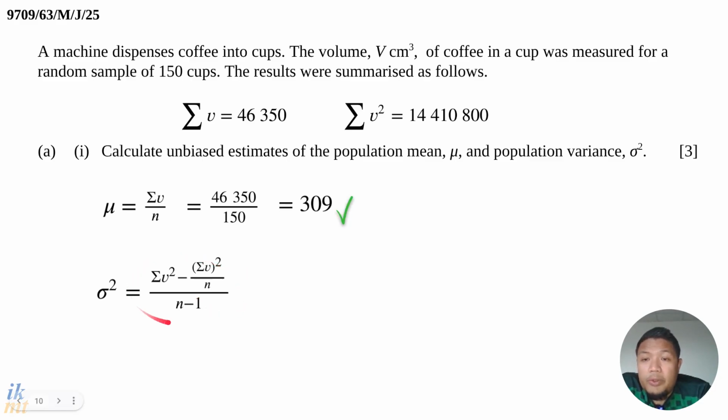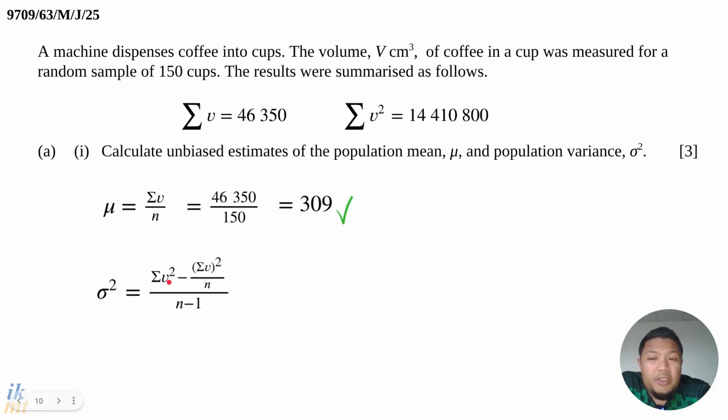The only difference between the actual calculation of a standard deviation or variance compared to the unbiased estimate is Bessel's correction, where we divide the quantity by n minus 1 instead of n. So be careful with the choice of formula because it does say unbiased estimates, and if you use the wrong formula, you will not get the mark. So use the correct formula.